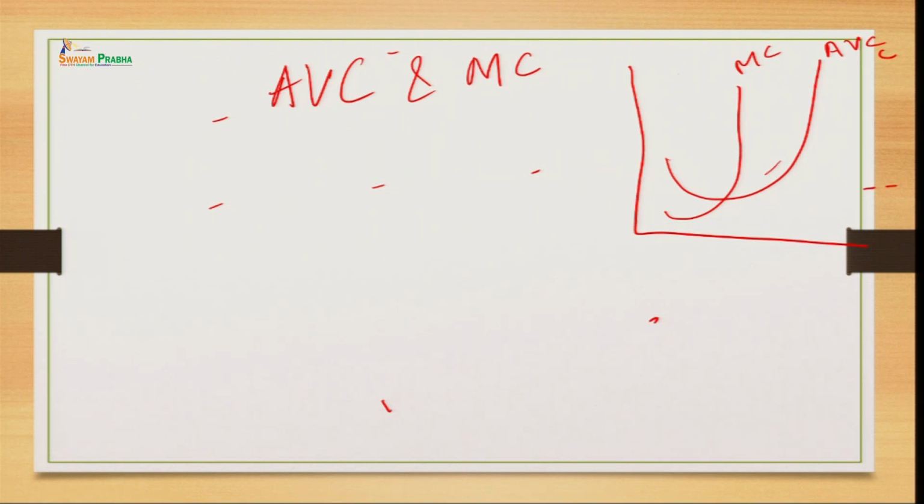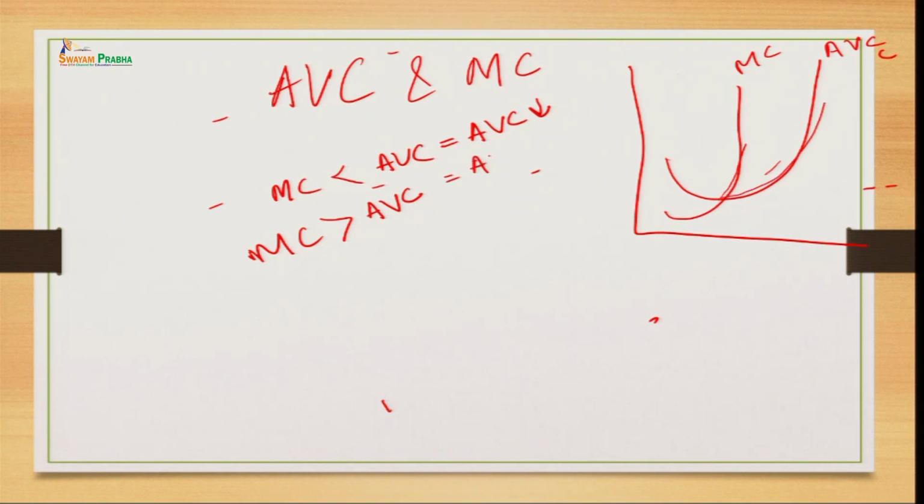So, how are we establishing the relationship here? Till the time our marginal cost is lesser than average variable cost, the average variable cost curve will decline, right. When the marginal cost is greater than average variable cost, our average variable cost curve will increase, right.